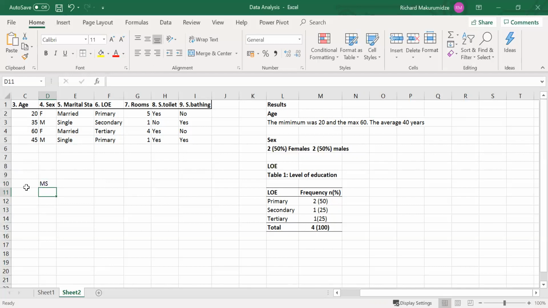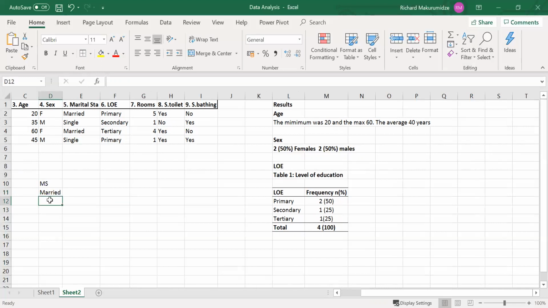We are now counting married, single, then maybe divorced. I'm not going to put the correct values, but I'll put my own. Let's say 10 were married, 5 were single, and maybe 11 were divorced.